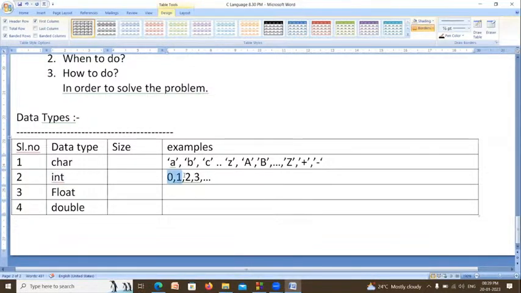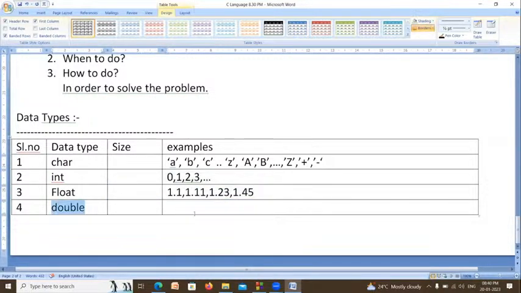Now in between 1 and 2, there are so many numbers. 1.1 is there, 1.11 is there, 1.23 is there, 1.45 is there. A number which has a decimal point is called a float. Round numbers are called integers. These are floating point values.